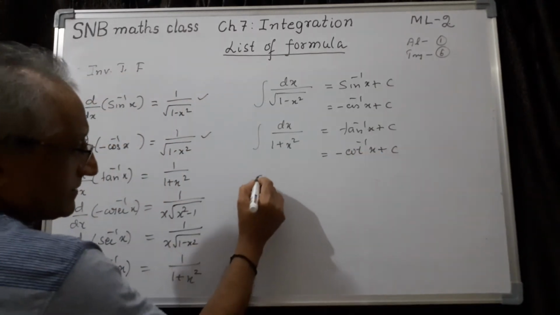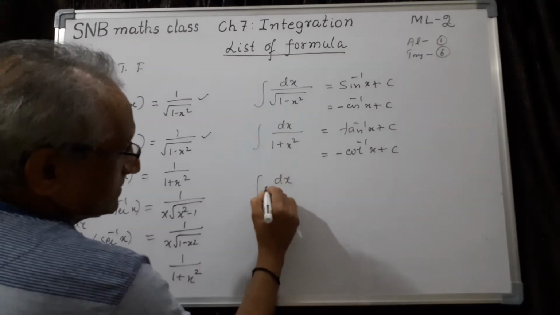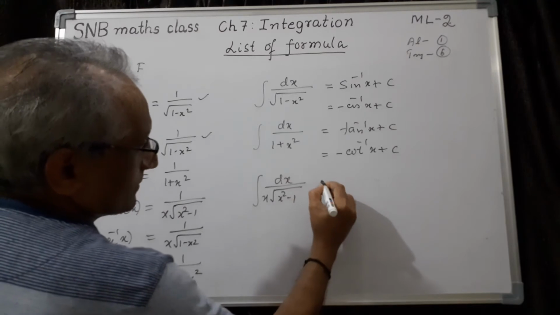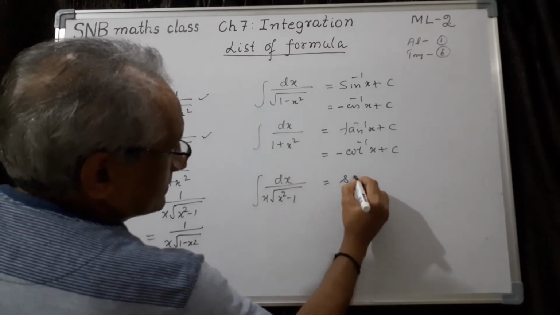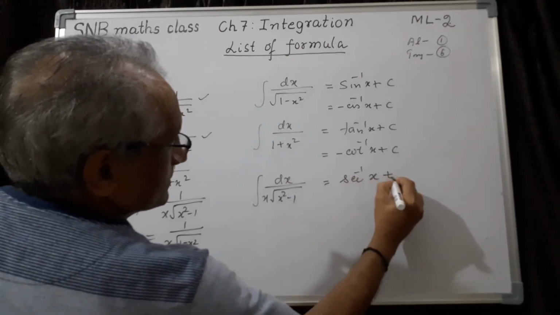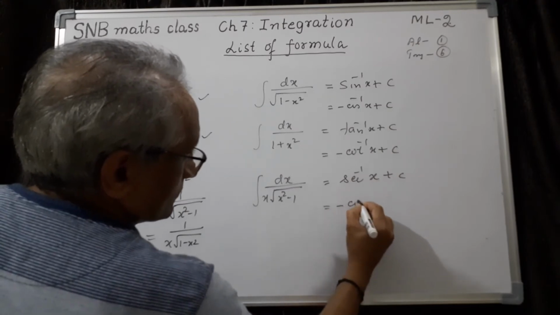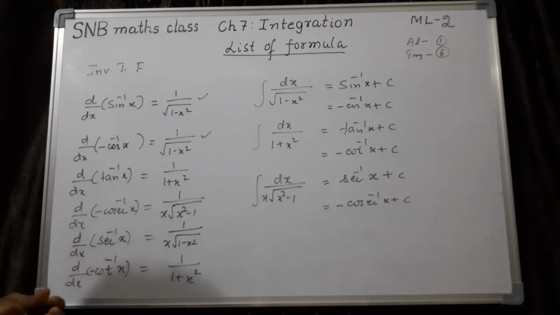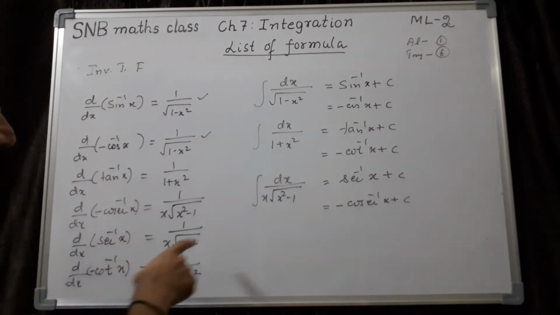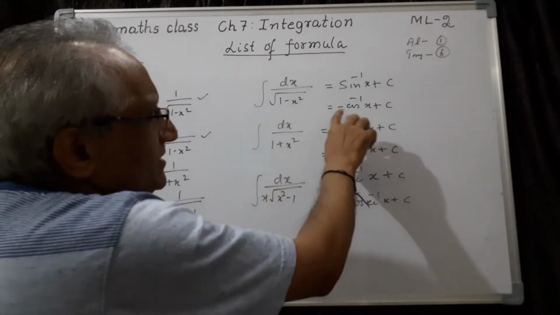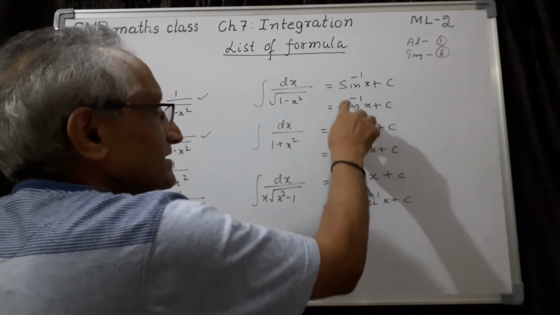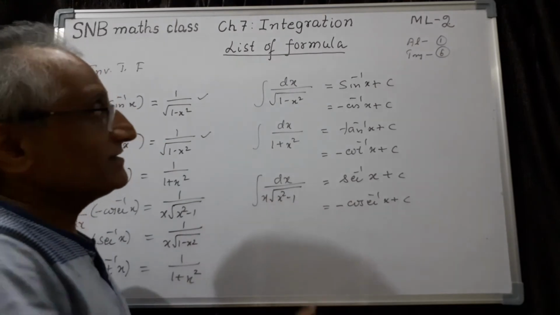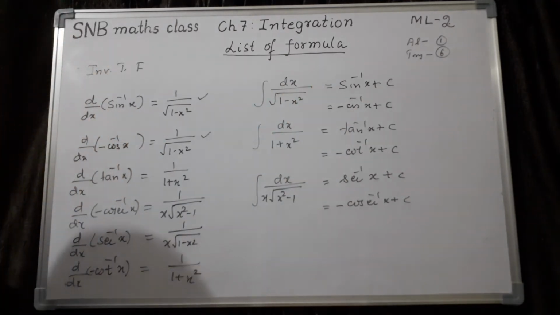And similarly here, integration of dx upon x into square root of x square minus 1, this is either secant inverse x plus c, or it is also equal to minus cosecant inverse x plus c. Here you should see one thing, the formulas of 6 reduced to only 3 sets. So you need not remember the minus ones, this is sufficient. But you should know this one because both are equal. So this is the next set.